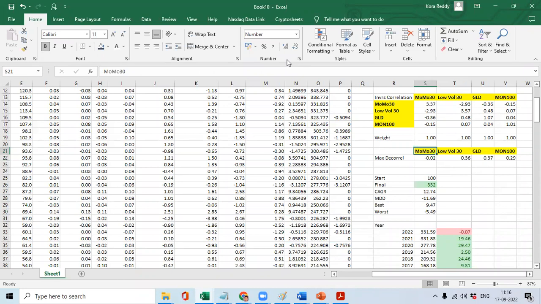You might require a 1,000 crore portfolio, in which case you are just shorting 2% of Momo. This is 36 crores, right? 36 into 1,000, that's about 360.